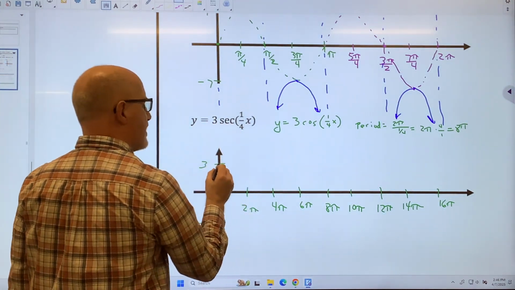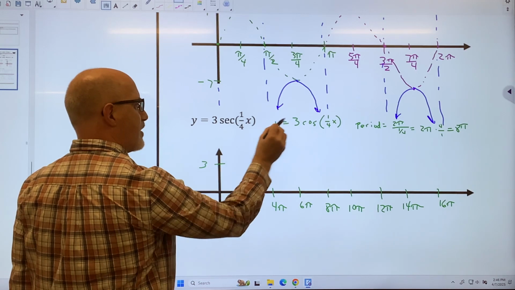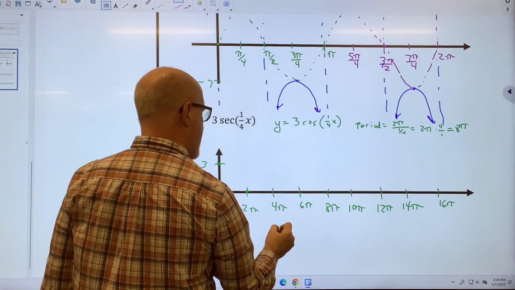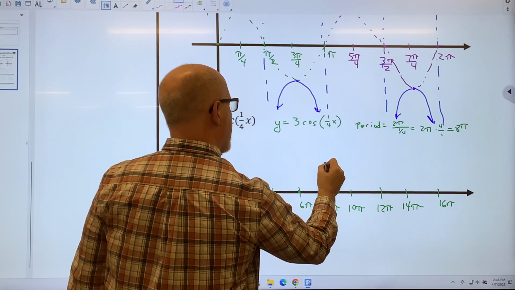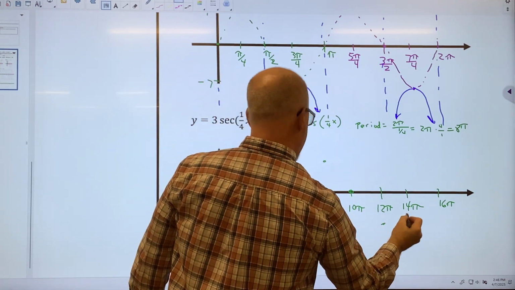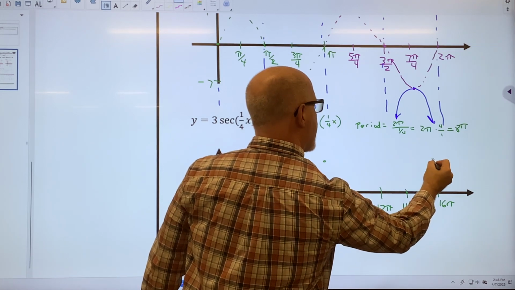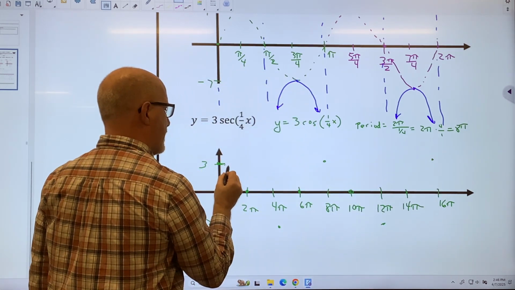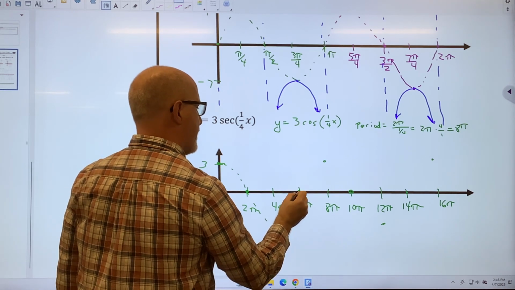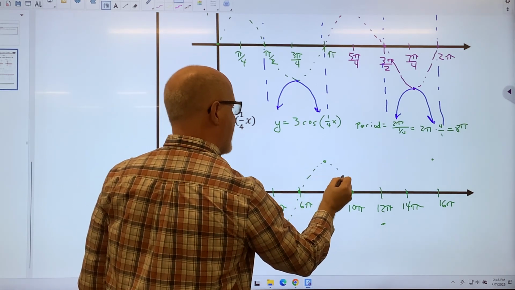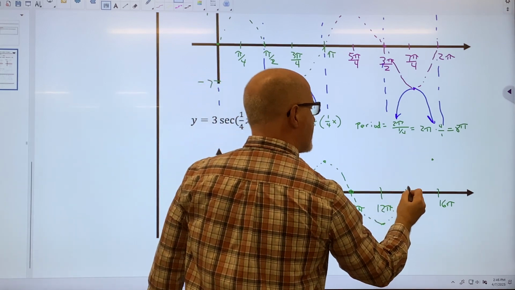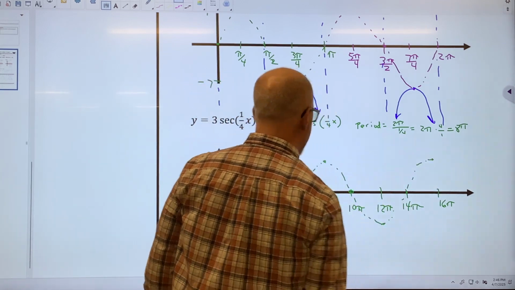So secant is going to be, the reciprocal function is cosine. So start at the top, go through the middle, go to the bottom, go through the middle, through the top, through the middle, through the bottom, through the middle, and then to the top. And so a dotted graph here for my reciprocal function of cosine looks like this. So we're also practicing our cosine and sine graphs by doing this.